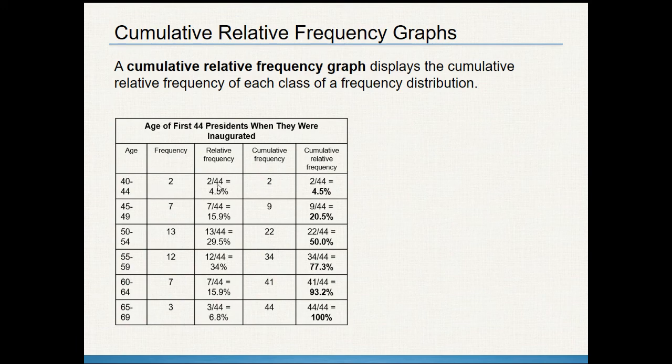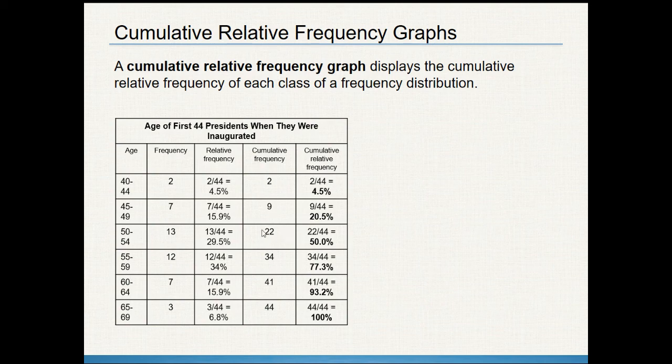Now, cumulative frequency. Notice that for the first line, it's the same, 2 out of 44, 4.5%. But on the next line, it's the cumulative frequency, so it's everybody below that amount, up to 49. In this case that would be 9, because 7 and 2, 9 out of 44 is 20.5%.